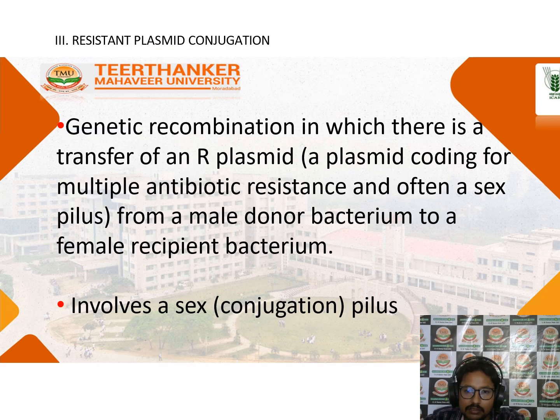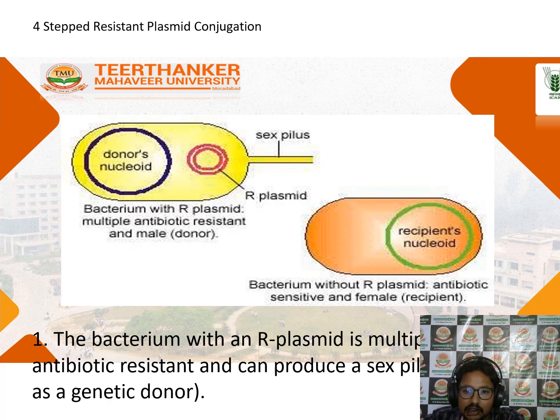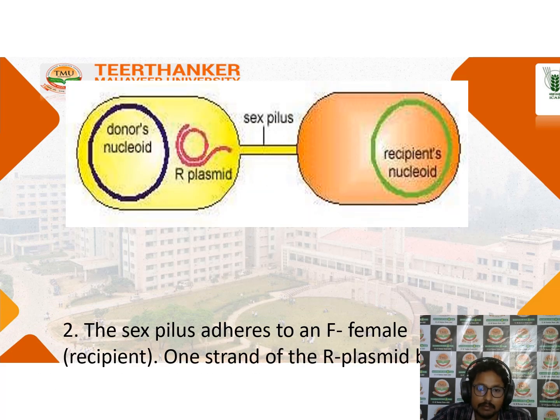And here, similarly, in the case of the R plasmid, the resistance plasmid, suppose some bacteria contain resistance genes in plasmids, and when these plasmids are transferred to the recipient bacterium, naturally, similar to the F plasmid, resistance plasmid genes are transferred to the recipient bacterium.